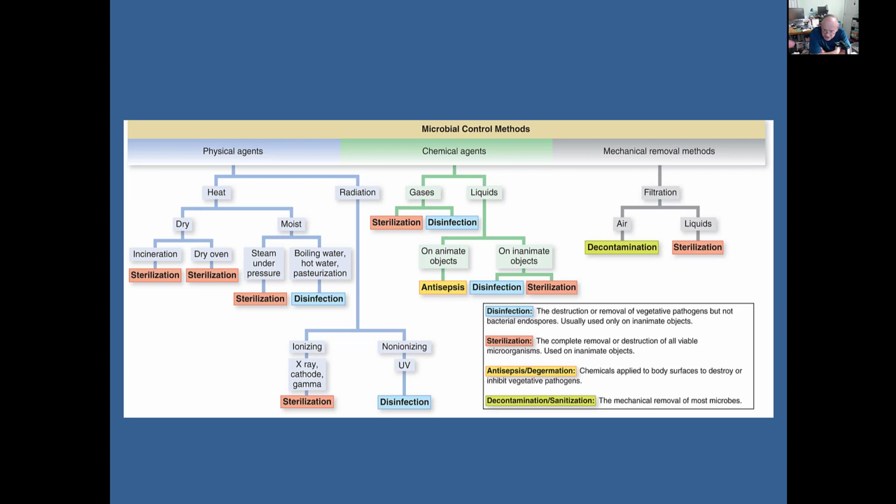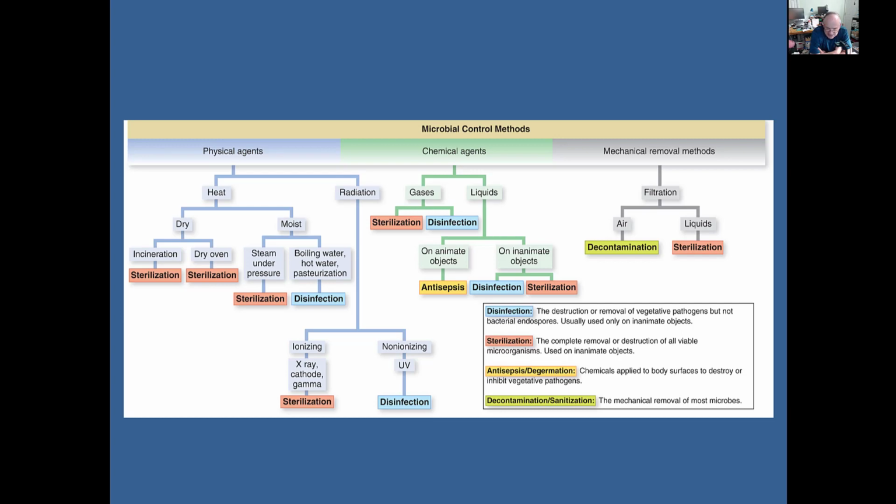This is a nice, useful chart. It doesn't have the meat on it like the previous one, but it does help you look at physical, chemical, and mechanical removal of these types of things. So you have heat, and it's really important, the difference between dry and moist. Some of you want to go into the dental area, whatever your expertise will be.